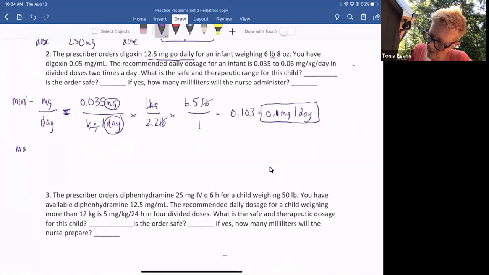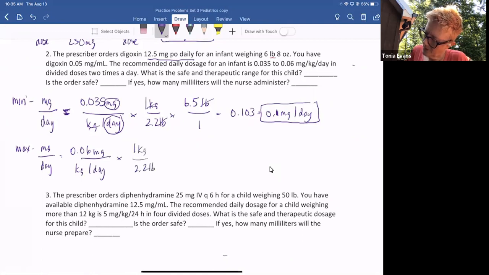Max. Our max milligrams per day is 0.06 milligrams per kilogram per day. 1 kilogram is 2.2 pounds. Patient weighs 6.5 pounds.